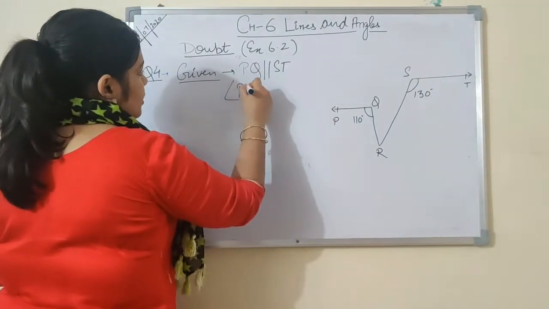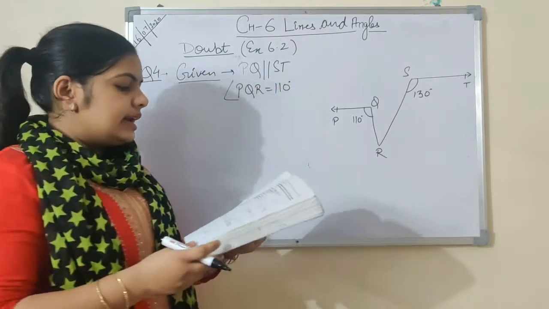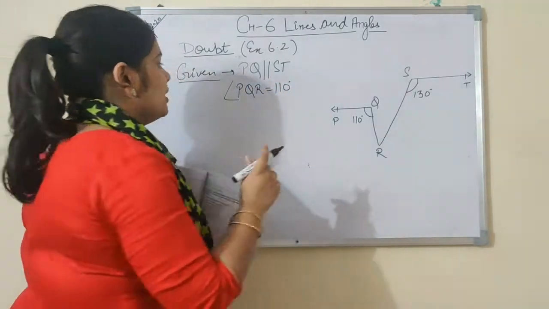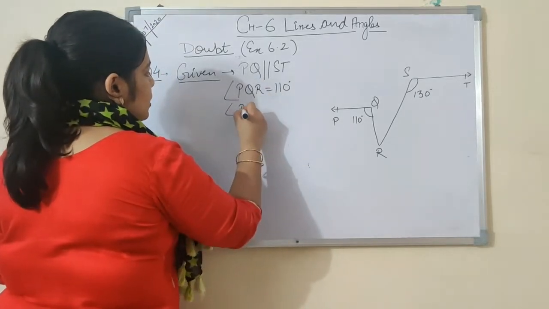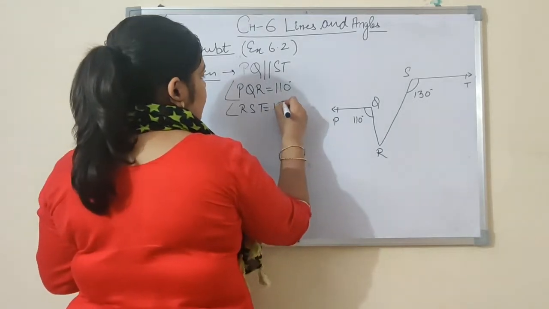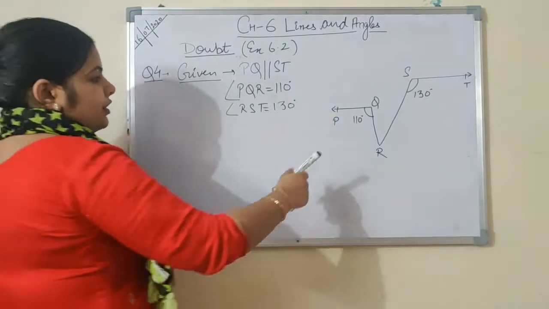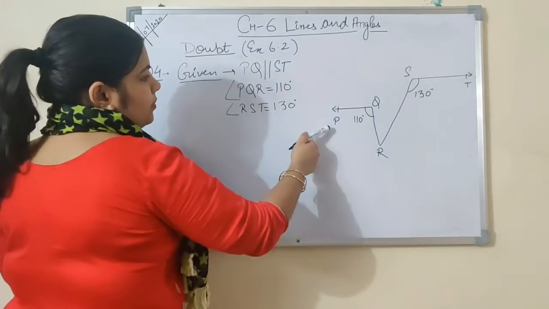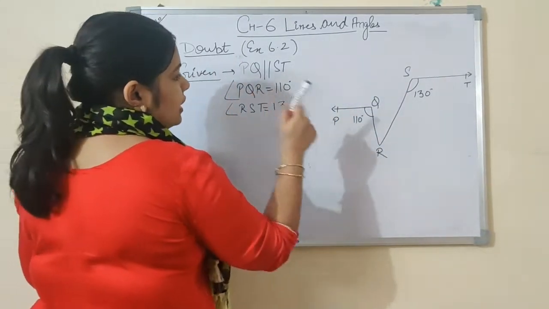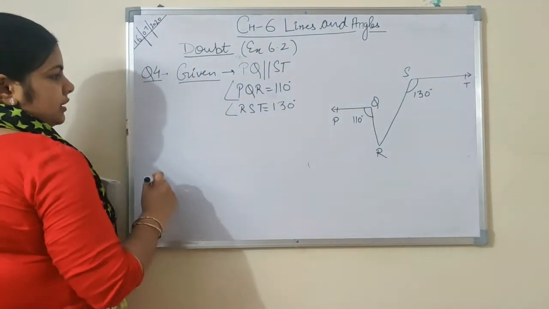That angle PQR is equal to 110 degrees. And what else is given? That angle RST is equal to 130 degrees. Is this clear? You can see in the figure also I have marked that angle PQR is 110 degrees and angle RST is 130 degrees.